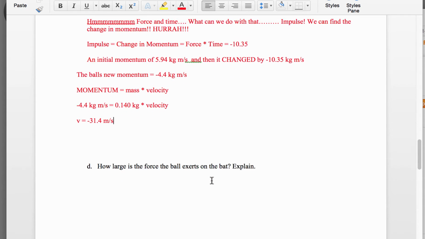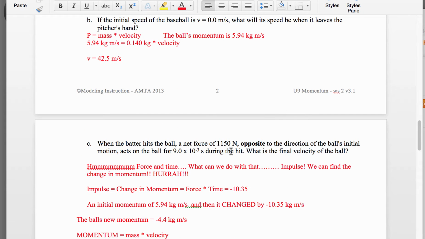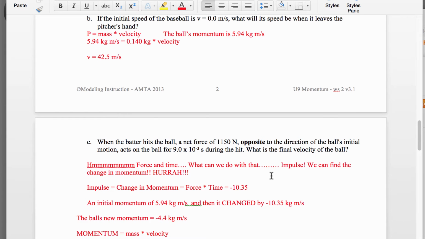How large is the force of the ball versus the bat? Okay, every action has an equal and opposite reaction, says Newton's third law. So the force of the ball on the bat is the same as the force of the bat on the ball. So the batter hits the ball with a net force of 1150.